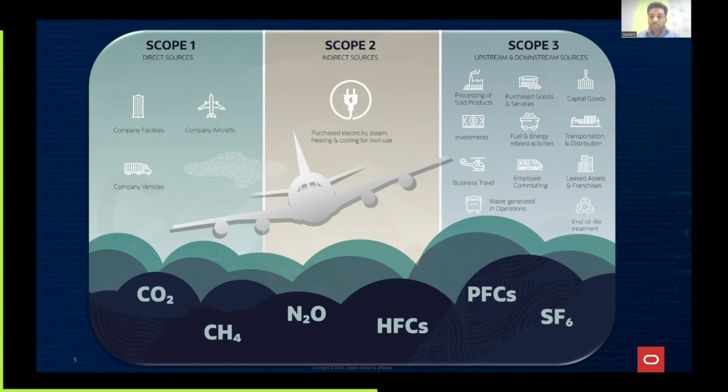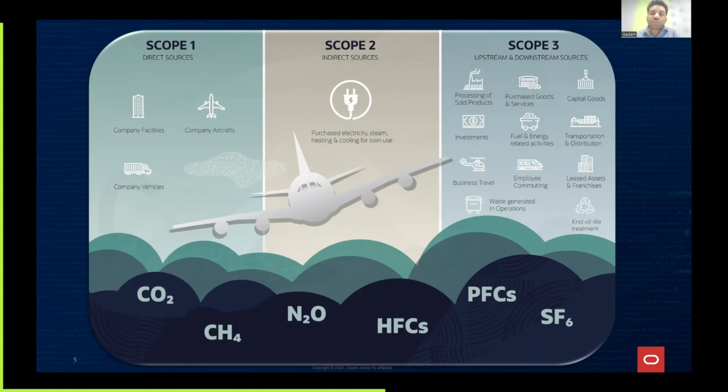And they categorize it under a market-based metric. So you compare the location-based metric and market-based metric to make sure you are in line with what the general region is doing, and it will allow you to invest in various sustainable initiatives to make sure you are in line with the different regulations as well.